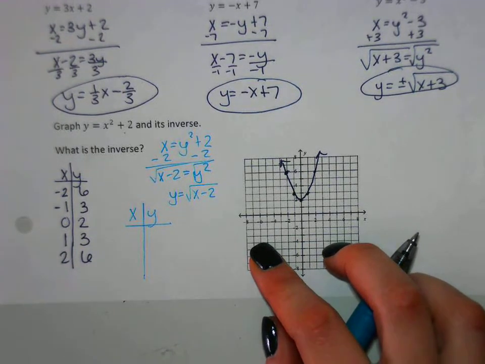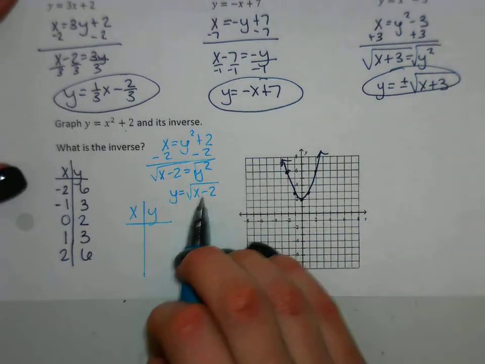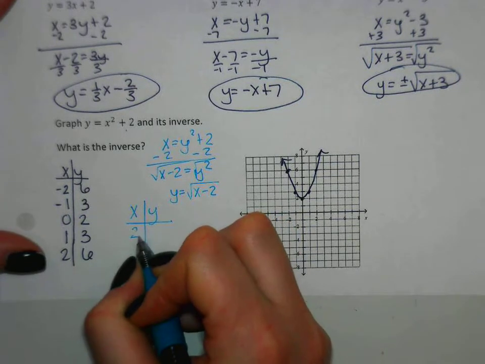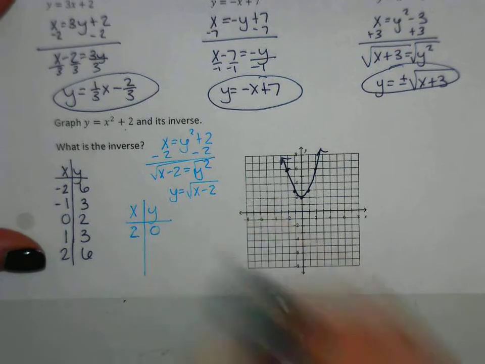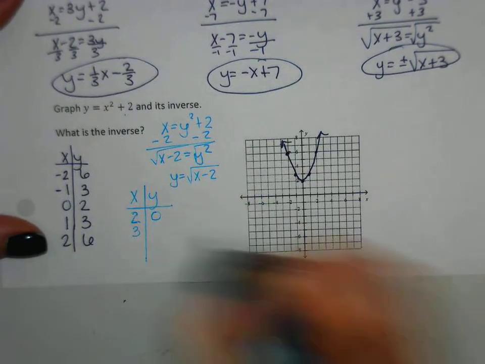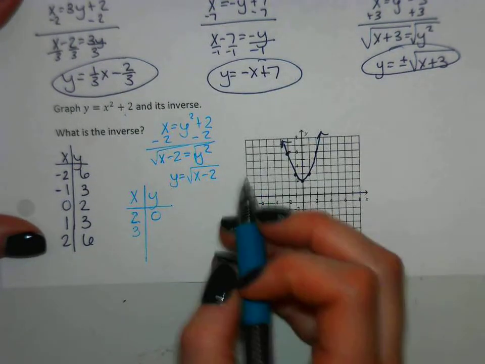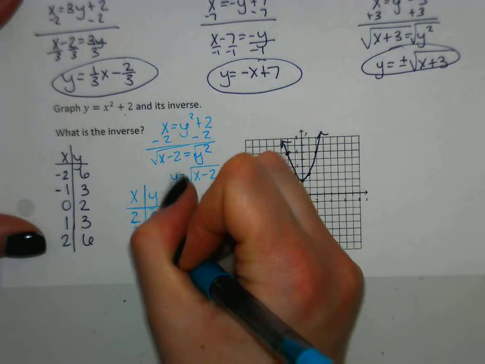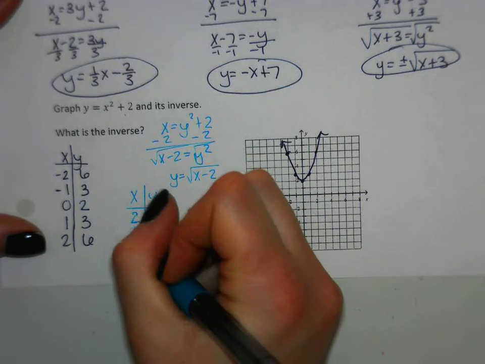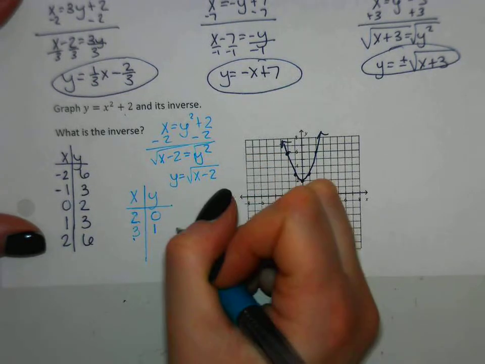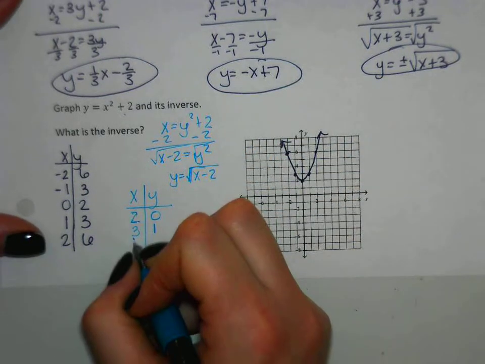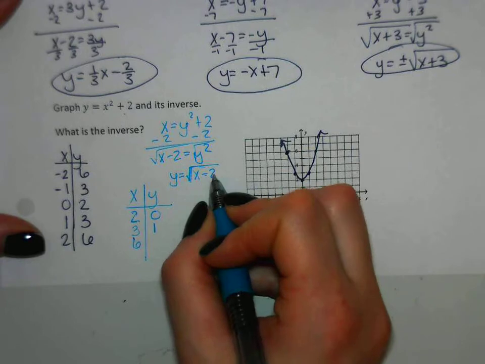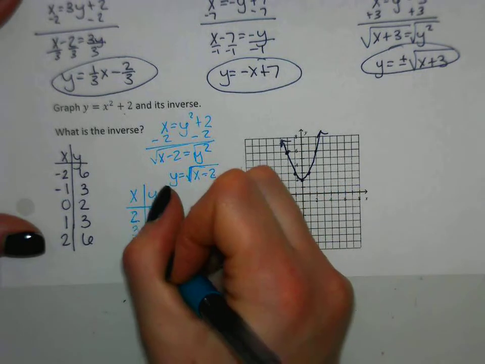So that means we can't have any values of x less than 2. So I'm going to start at 2. 2 minus 2 is 0, and the square root of 0 is 0. 3 minus 2 is 1, and the square root of 1 is 1. Let's pick values so we have good square roots. Let's do 6. 6 minus 2 is 4, and the square root of 4 is 2.